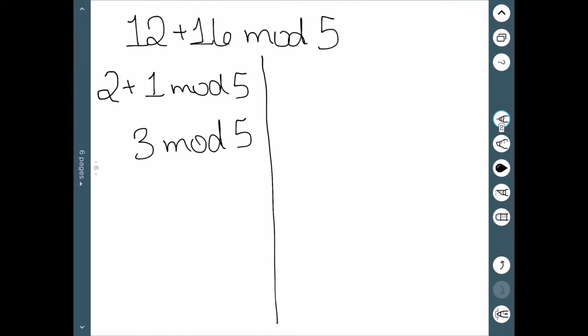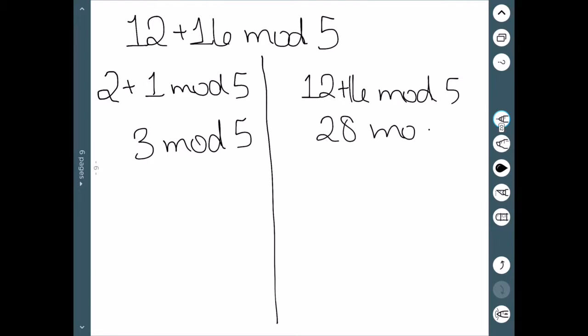The other way would be simply to add and realize that 12 plus 16 mod 5 is equal to 28 mod 5. And when I divide 28 by 5, I get a remainder of 3. So either way I get 3. It's really just a matter of whether you want to perform your modular operation first or second.